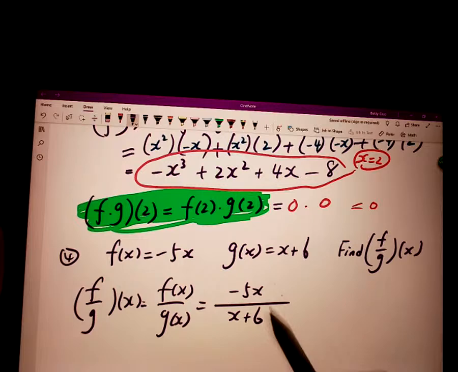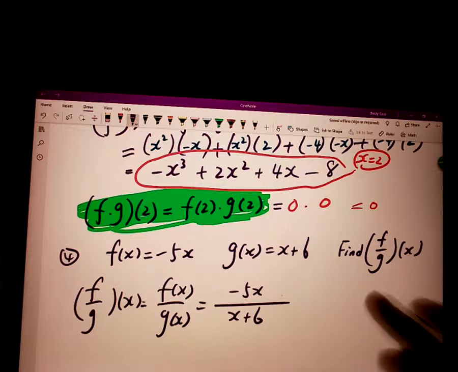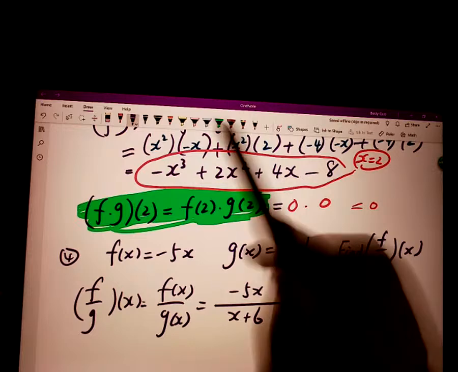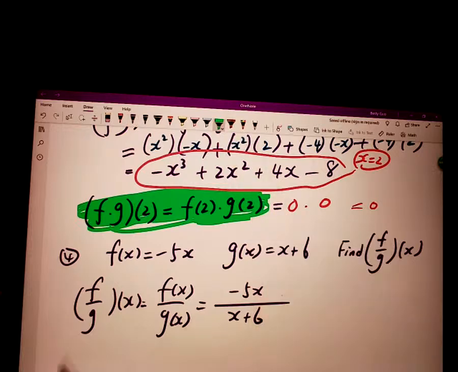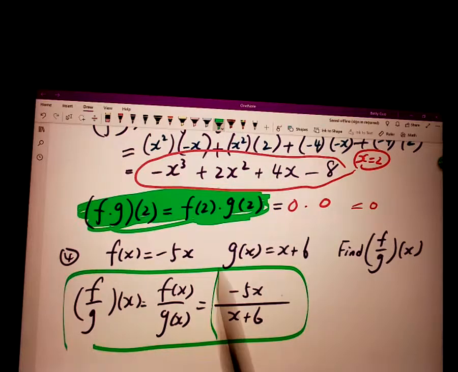And what's the domain? Without thinking about what I talked about earlier in the beginning of this section, just by looking at this function, it is a rational function, right? It has a denominator. The denominator cannot be 0. We all know that, right?